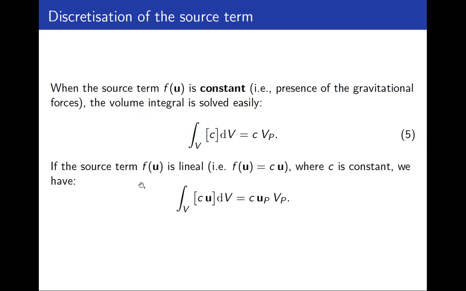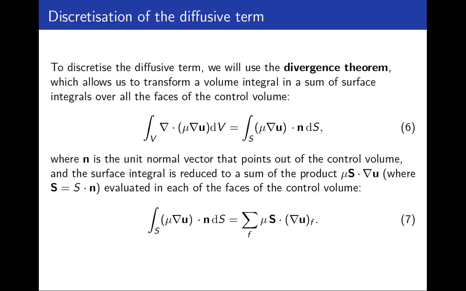On the other hand, if the source term is linear, for instance, F(U) can depend on a constant multiplied by the velocity field, then this integral becomes simply the product between the constant, the velocity at the centroid, multiplied by the volume. In my finite volume method video that can be found in my channel, we talk a bit more about these integrals. So I recommend you watching that video if you have not.